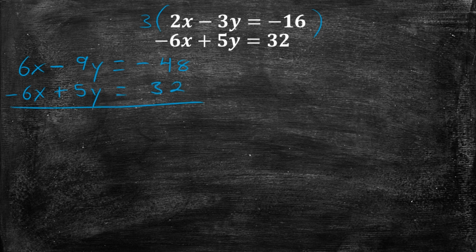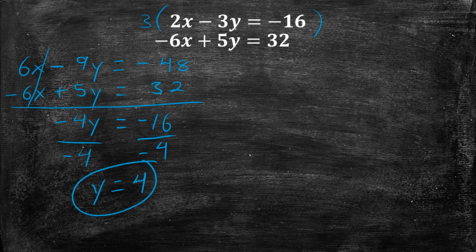All right, now we can go ahead and add these equations together. So these 6x's here will cancel, and we are going to get negative 4y is equal to negative 16. Okay, and when we solve for y, we'll get negative 4 divided by negative 4. y is equal to 4. All right, so we found one of our answers here.